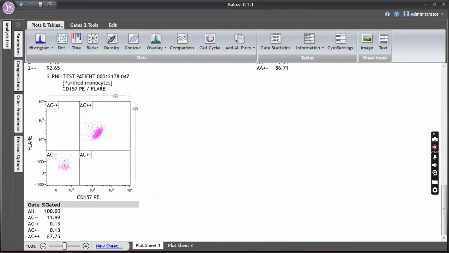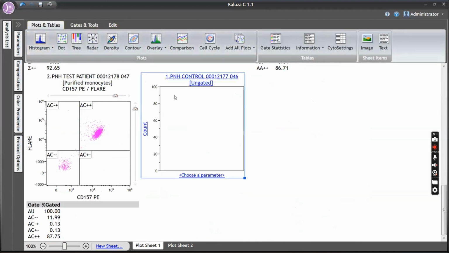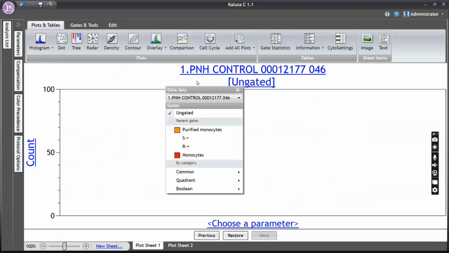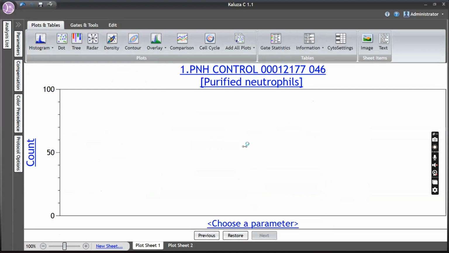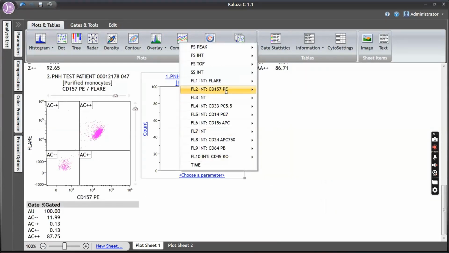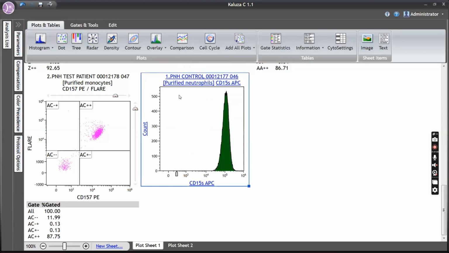What I do is make a histogram and get the population needed, purified neutrophils, and then the marker which I want to see, which is CD15s. Now I can say that the neutrophils are expressing CD15s in a moderate intensity. But to give it in numbers, to be very precise, you use MFI.